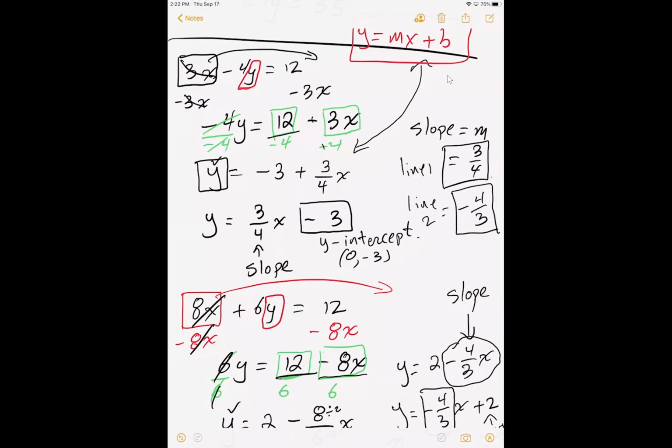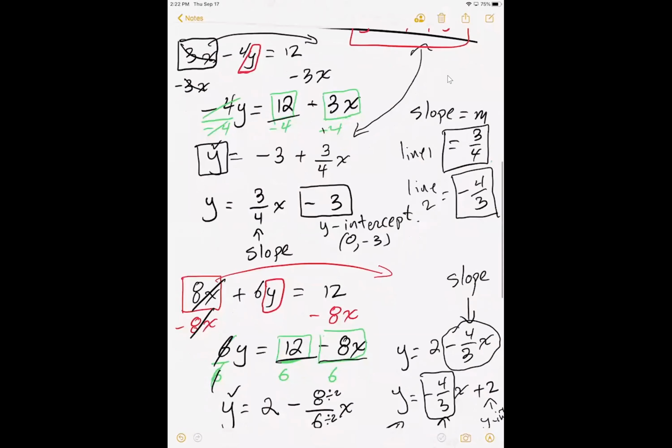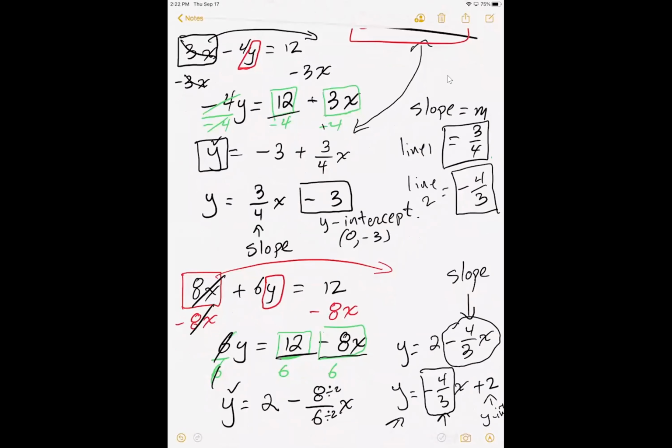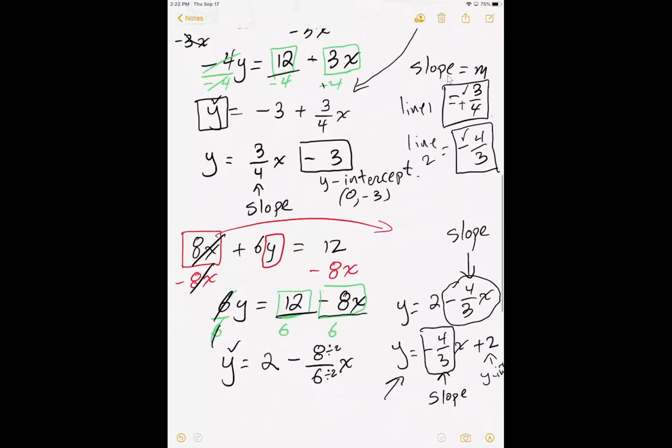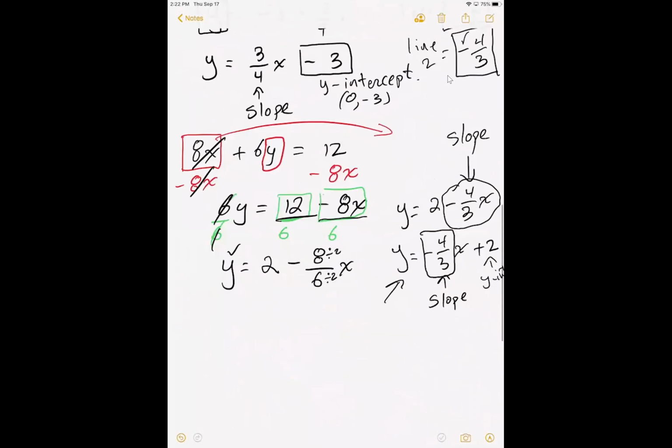Now the other option, like I mentioned, is that they have to be opposite reciprocals. Are they opposite reciprocals of each other? First of all, are they opposite? We know that this is positive and this is negative, so they are opposite. Are they reciprocal, meaning you flip them around? As you can see, they are opposite and reciprocal, right? One of them is 3/4.